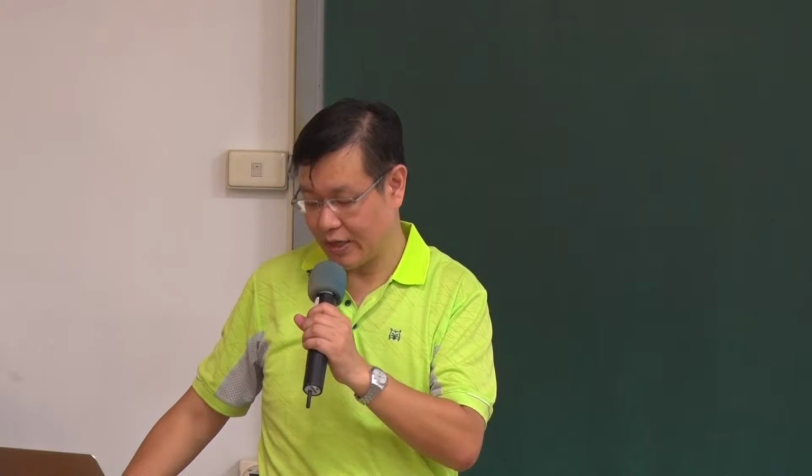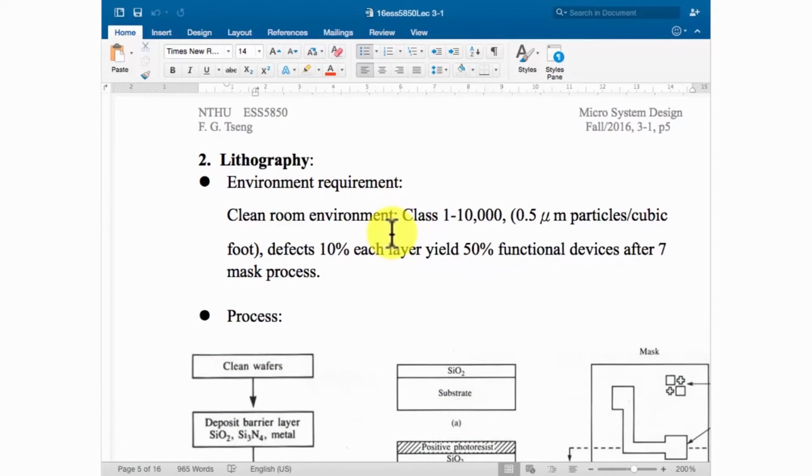And because in the lithography process we are dealing with very small, tiny structures, the cleanness of the environment is very important. Okay, so we need to operate the process inside the clean room. The clean room means that we don't have many particles inside it. It's a clean environment. Okay, so we have different classes of clean room, from class 1 to 10,000.